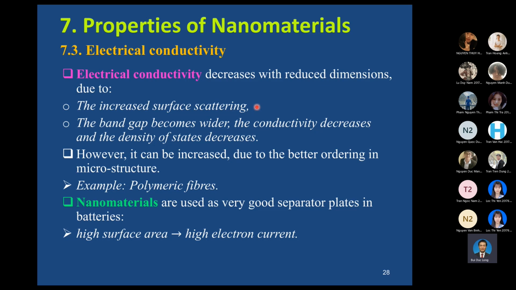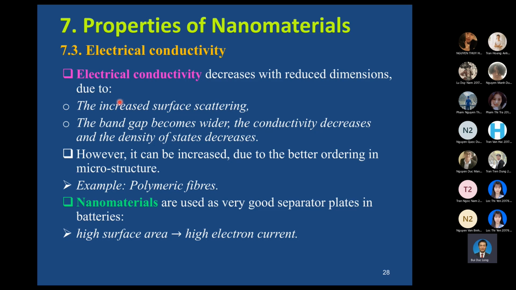And these charges have to move, so they create a current. If charge carriers are difficult to move, it means this material has a high electrical resistance, meaning electrical conductivity is small. So because of increased surface area, charge carriers are scattered. That is the explanation.